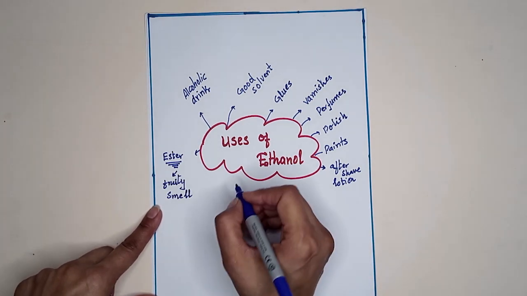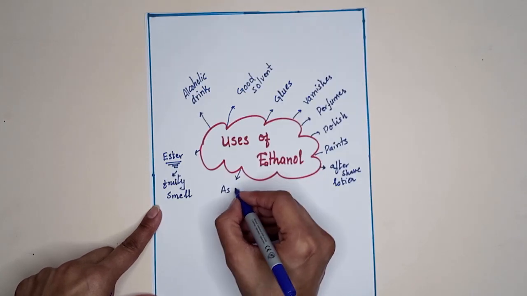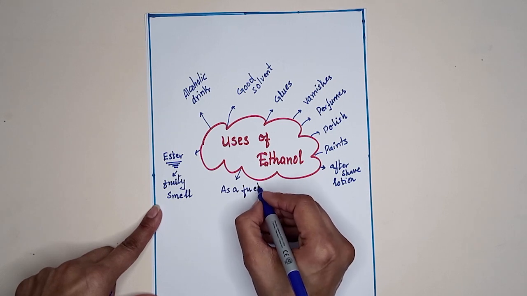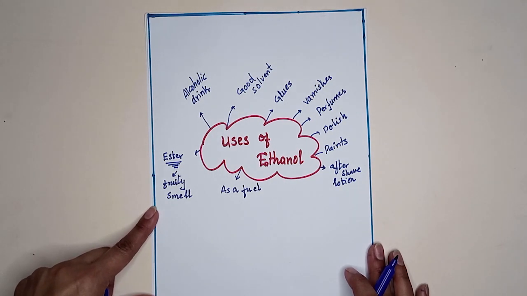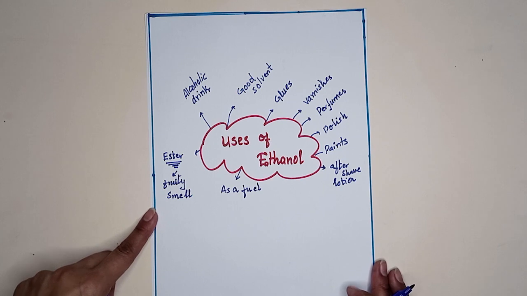Another very important use is as a fuel in motor vehicles. So these are the uses of ethanol through which we can understand the importance of this chemical.